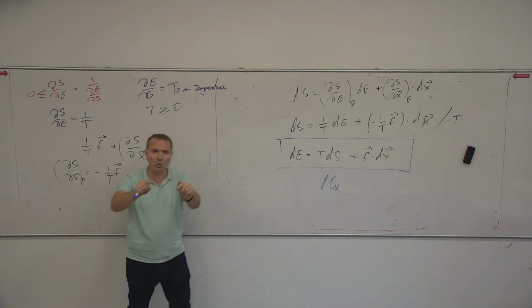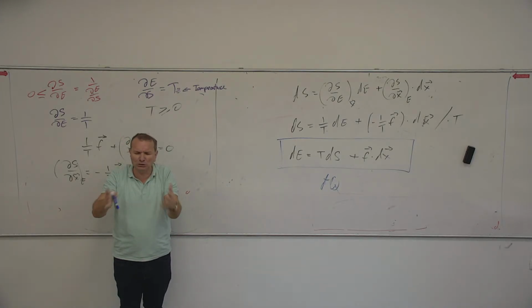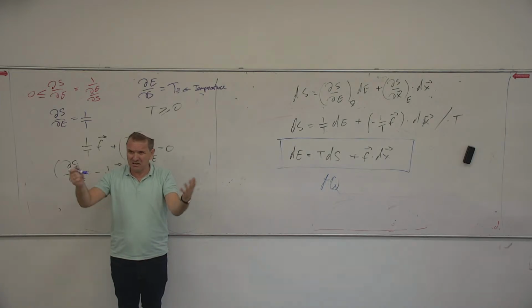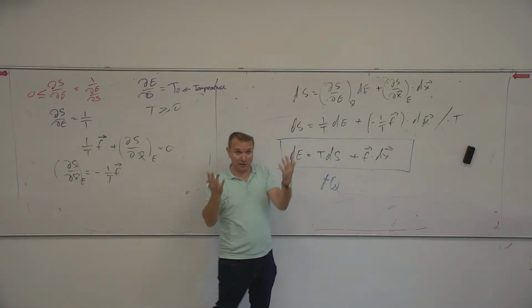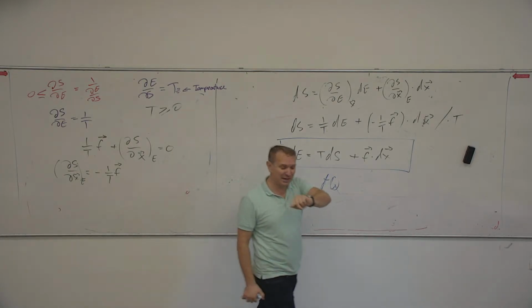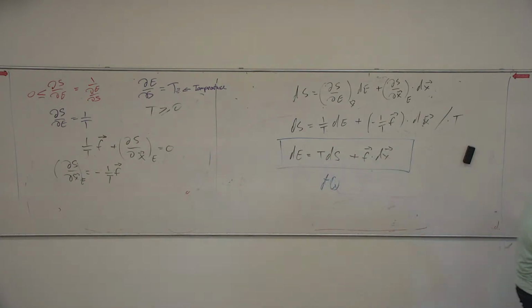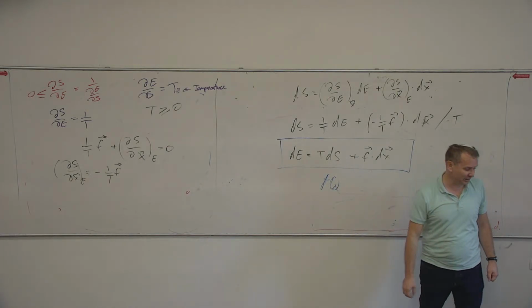I still don't know what entropy is, or I know what it is, but I have absolutely no feeling for what exactly this is, because, well, it's not velocity, it's not position, it's something different. But I have a general expression for how the energy changes when I'm going from one state to another. I still haven't explained to you how I define an equilibrium state, but we will do it tomorrow. Thank you very much.